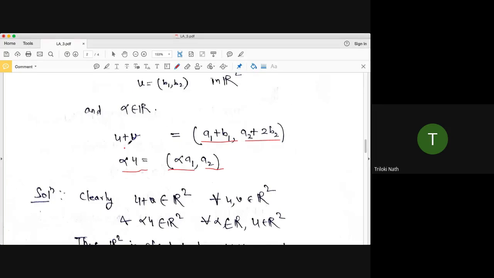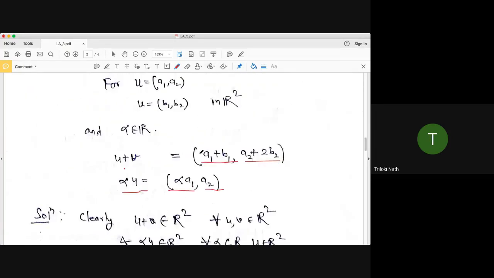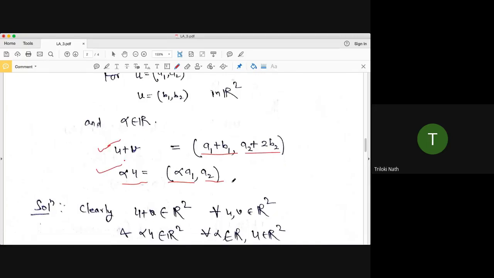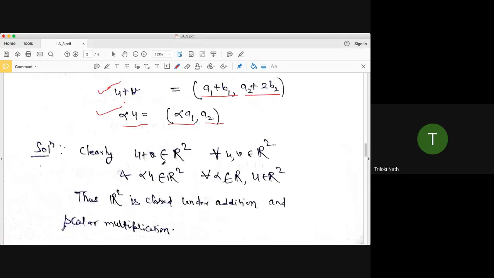But two things are clear. That is, this V equal to R2 is closed with respect to addition defined in this way and the scalar multiplication defined in this way. So clearly, U plus V is in R2 and alpha U is in R2. R2 means the first coordinate is a real number, the second coordinate is also a real number.